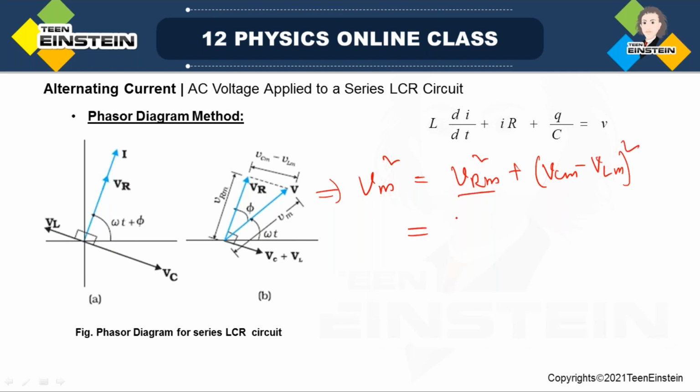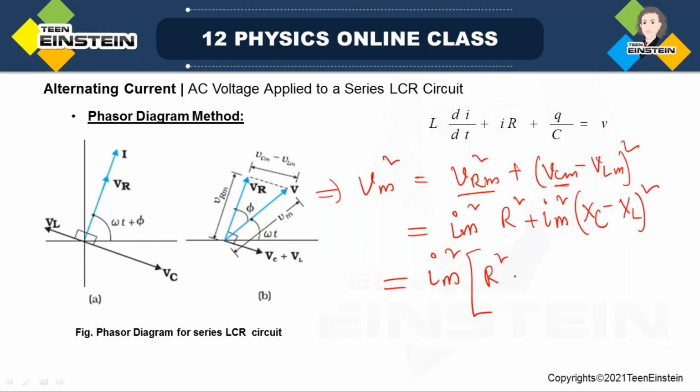If I write this as Im square R square, with Im square common, this will be Xc minus XL whole square. And if I take this common, then you get R square plus Xc minus XL whole square. Okay, this is what we get.